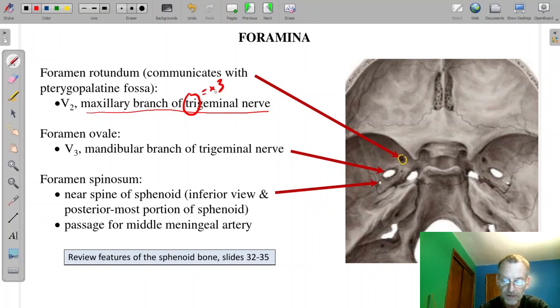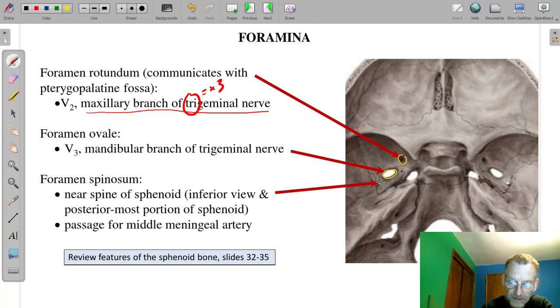Okay, then we have the foramen ovale, and through that is the third and the largest branch of the trigeminal nerve, the mandibular branch of the trigeminal. For right now, if you want V2, V3 is good enough. But again, might as well start learning the names.